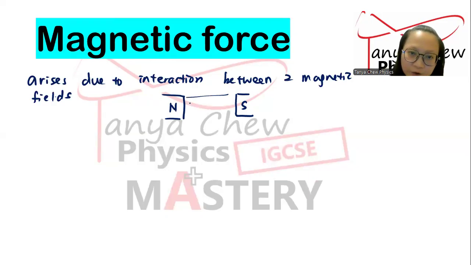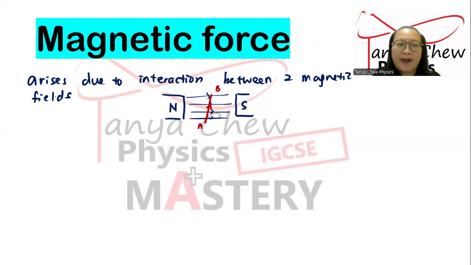So this is the magnetic field that flows from north to south. And then you have a current carried from A to B. As long as there is a current flowing through this conductor, it will have a magnetic field around it. The interaction between these two magnetic fields gives rise to the magnetic force.